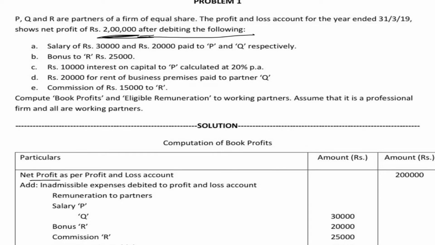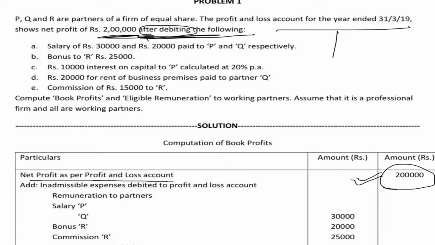Now see here, net profit as per profit and loss account, we have considered 2 lakh here, right? After debiting the following, they have used the word after debiting. After debiting the following means all the expenses or items given in the problem are already deducted on the debit side of the profit and loss account.